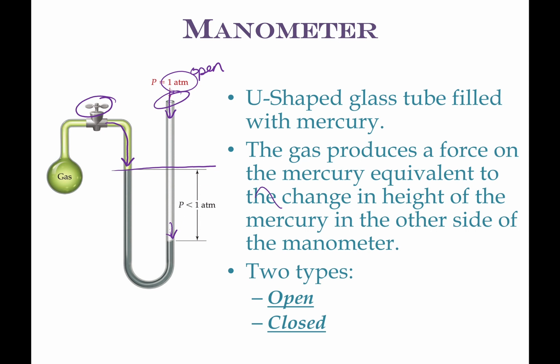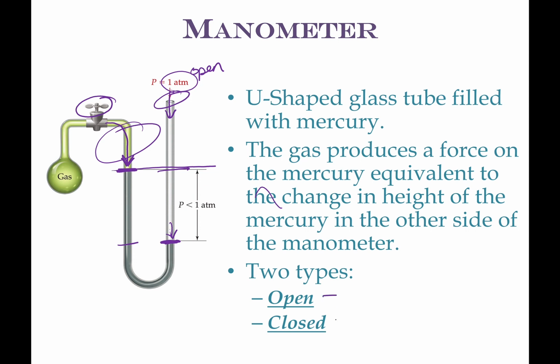It's kind of like a teeter-totter. If this one is pushing harder, then it would be here and this one would be up. So it would look different. But since the atmospheric pressure is pushing the mercury down further than the gas in our sample, we know that this has to be less than atmospheric pressure. So we know that much.